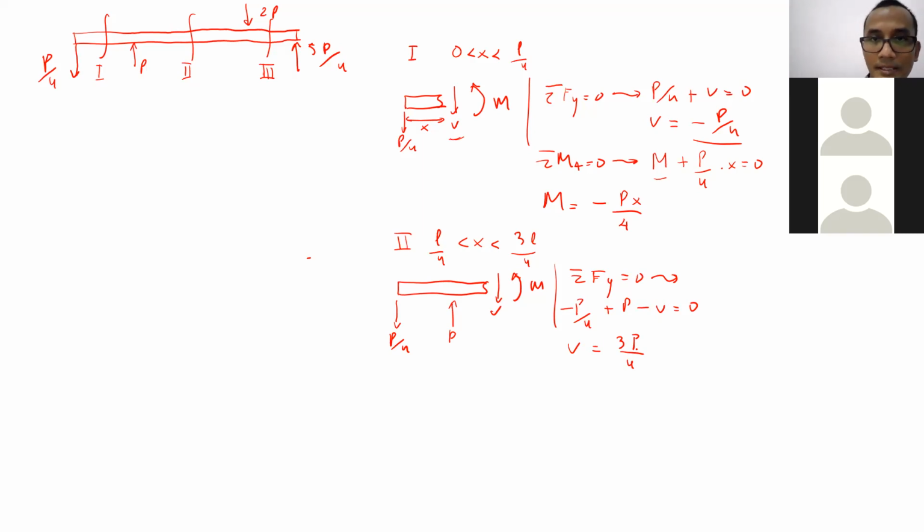Lastly, we use the sigma moment. The distance here is X, but the distance here is L over 4. Using sigma moment equal to 0 at A, what will we get?